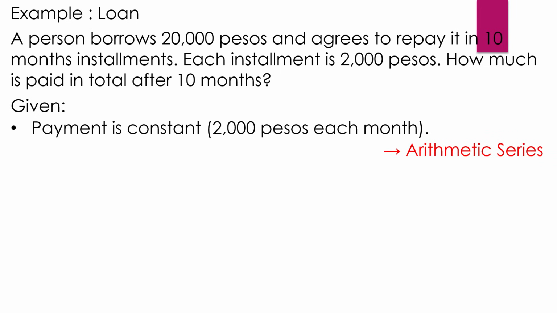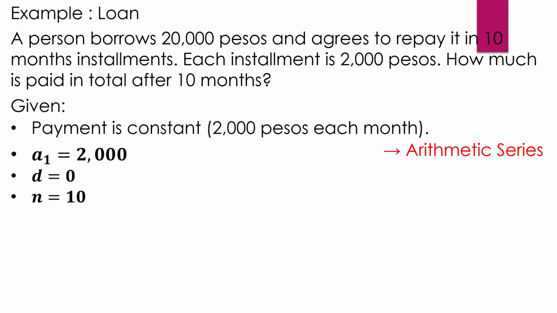And since we already know that it is an arithmetic series, let's list down our givens: the first term, the common difference, and the nth term. Our first term is 2,000 because from the start up to 10 months, our payment is 2,000 pesos only. And there's no common difference because it is constant.